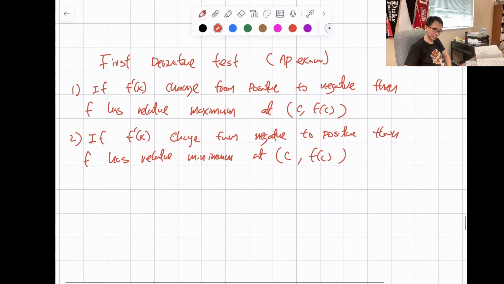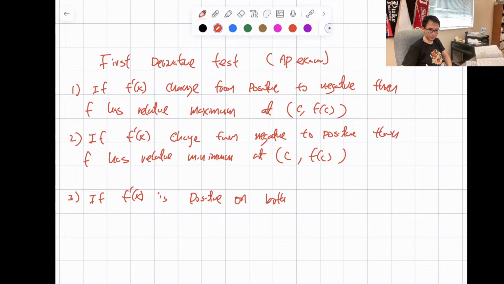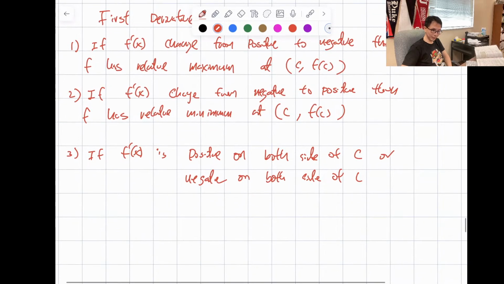Now sometimes you do have no changes. Let's say if f prime of x is positive on both sides of c, and/or negative on both sides of c, then f of c is neither a maximum nor a minimum.